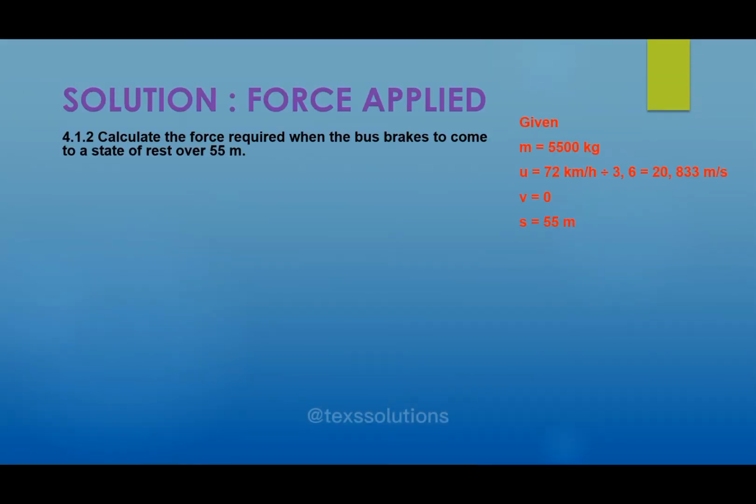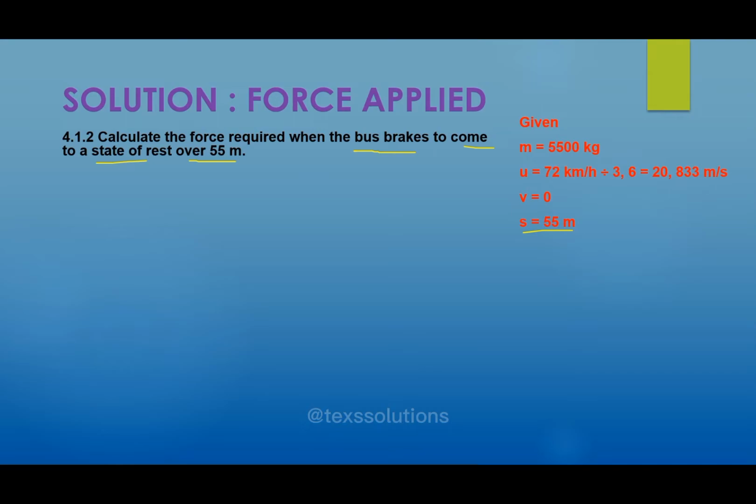Question where it says calculate the force that is required when the bus brakes to come to a state of rest. Okay, it wants to come to a state of rest over 55 meters. So now we are given additional pieces of information in this question. Number 1, the bus is now moving a distance or a displacement of 55 meters.